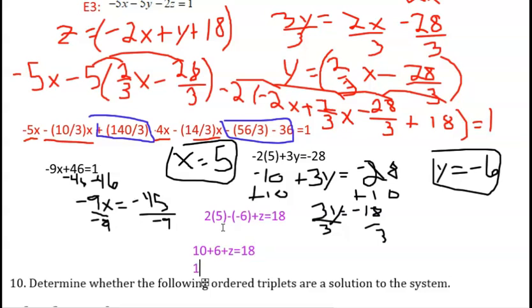So that's 16 plus z equals 18. Z equals 2. So your solution is the ordered triple 5, negative 6, 2.